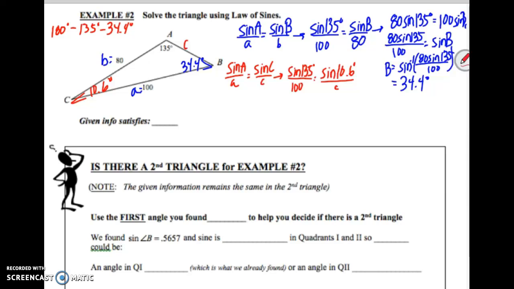Now to solve for c, we multiply by the denominators on both sides, so we are left with c times sine of 135 equals 100 sine of 10.6 degrees. Dividing by sine of 135, we are left with c equals 100 sine of 10.6 degrees, all divided by sine of 135 degrees, and this is equal to 26. So the side length c is equal to 26.